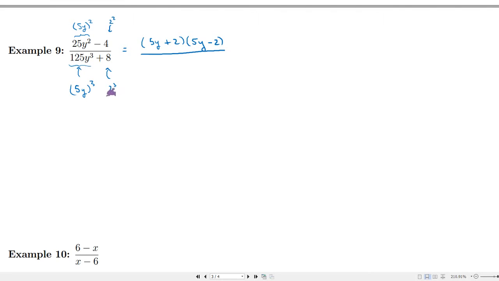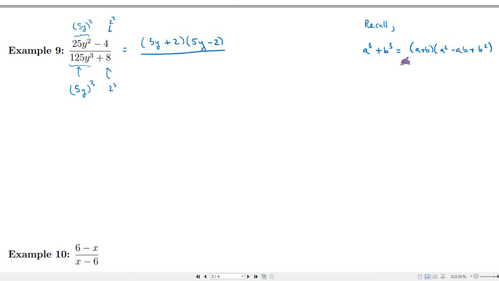And if you look back at our notes for the sum and difference of 2 cubes, when you have the sum of cubes, recall the following formula. If we have the sum of 2 cubes, this factors as a plus b, and then times the trinomial a squared minus ab plus b squared.